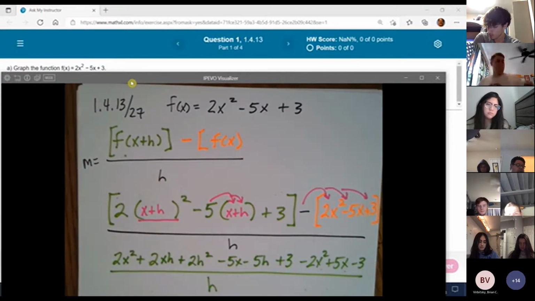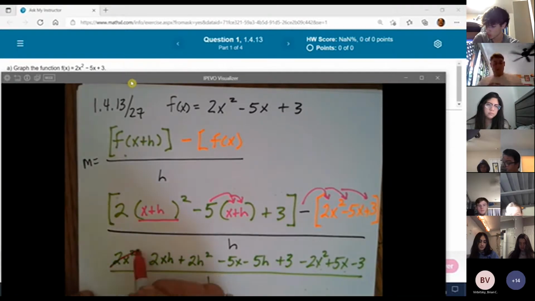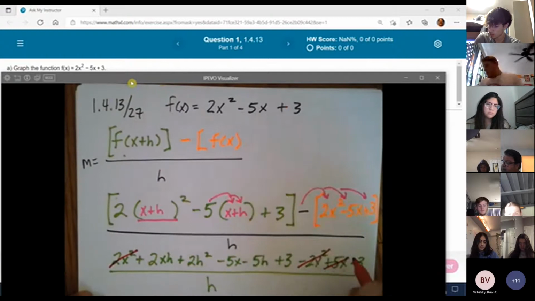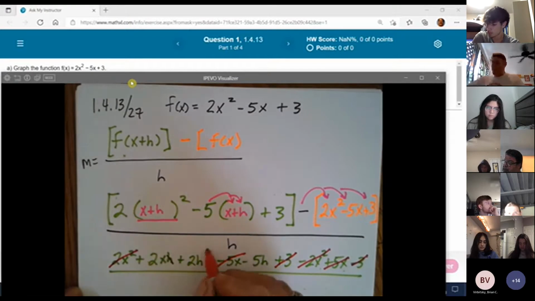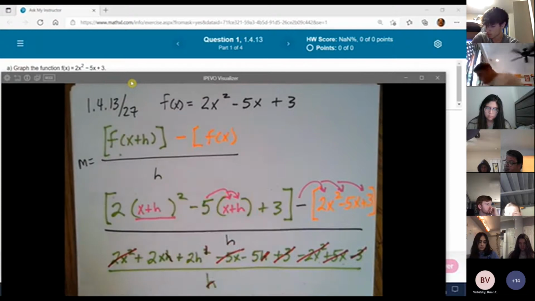And let's see what we can cancel out. 2x squared cancels, 5x cancels, 3 cancels. This h will cancel with this one. It will leave this one as 1, and it will cancel this one.